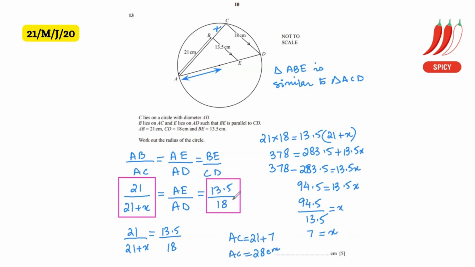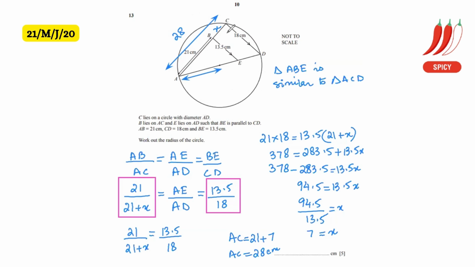Okay. Now that we have this entire length, the next thing you need to notice is that ACD is a right angle. Why is it a right angle?